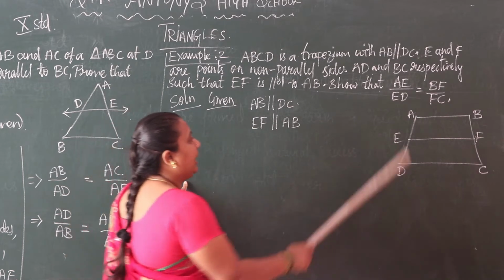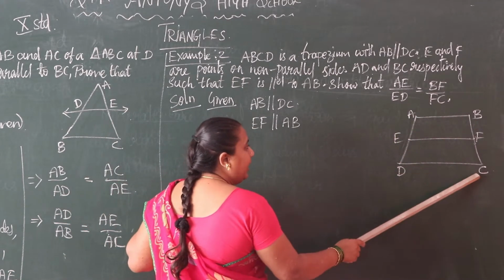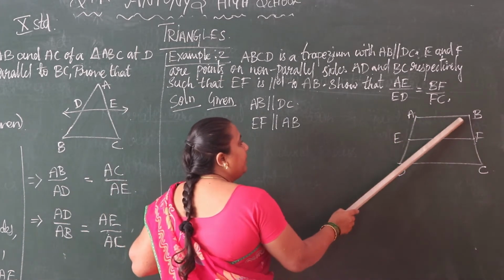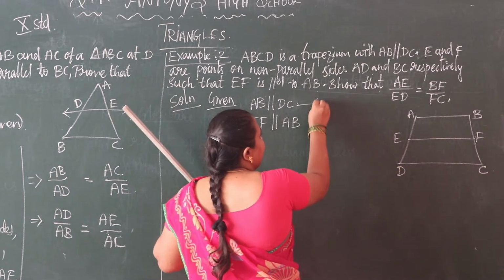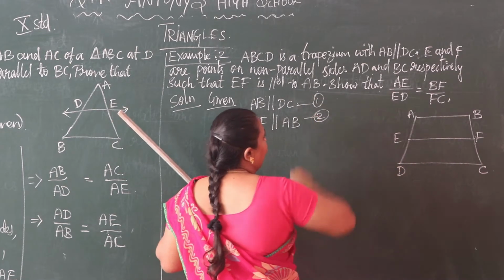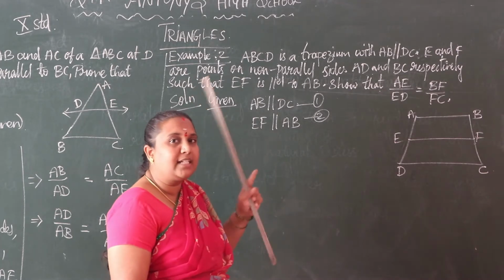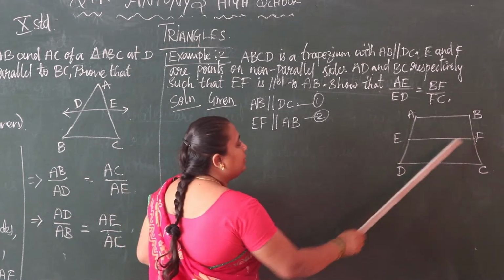Now we know AB is parallel to DC, and EF is parallel to AB. This is equation number 1 and this is equation number 2. From 1 and 2 we can say EF is parallel to DC also.